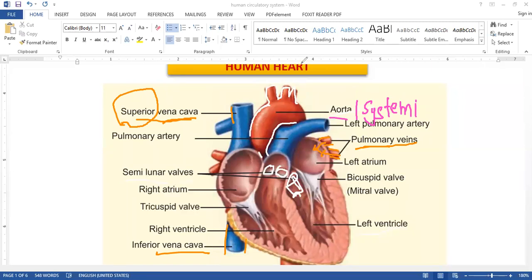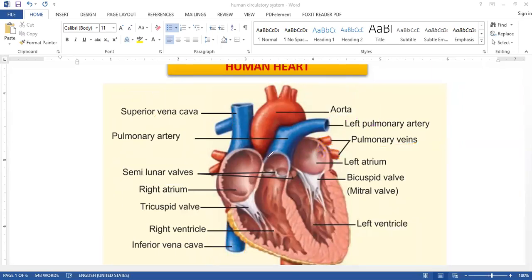These are the parts you should remember. The four chambers of the heart, and between the right atrium and right ventricle is the tricuspid valve, and between the left atrium and left ventricle is the bicuspid valve, which we can say is the mitral valve.